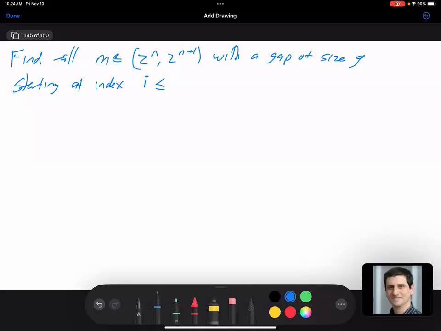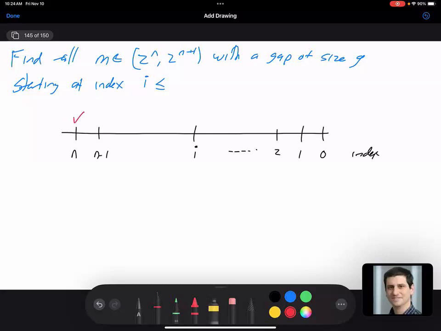Well, where can i be? So here is index 0. Here's index 1. Here's index 2, dot, dot, dot. Here's index i. Here's index n minus 1. Here's index n. And we know we have index n. We know that that's one of the summands.